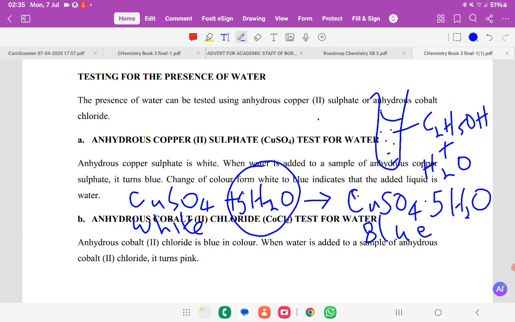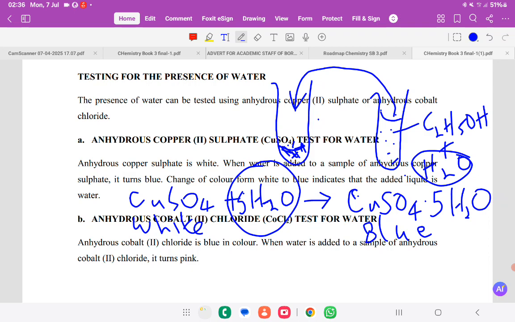Suppose you have anhydrous copper sulfate in a separate test tube. If you add this mixture to anhydrous copper sulfate, which is originally white, it is going to change color to blue because of the presence of water. The blue color is an indication that water is present in that substance.